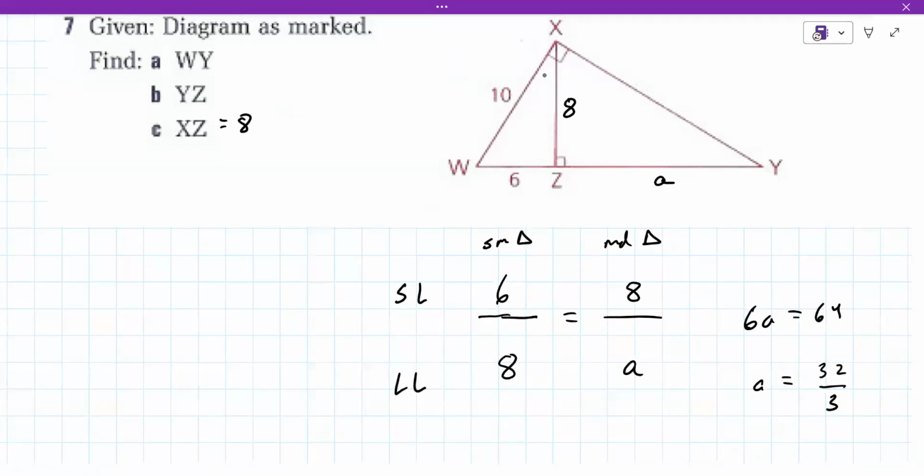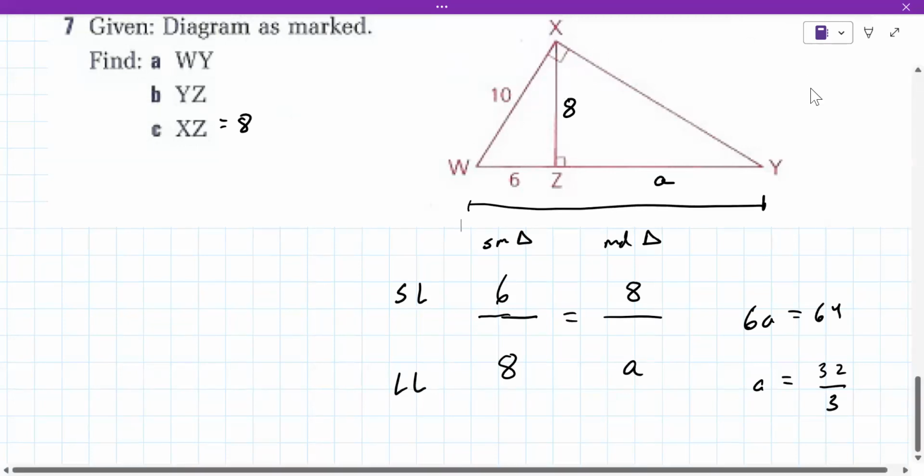That's the setup here. Now to find this other one, I know I'm getting away from what it actually wants. WY you can now find if you want, but to find the other one you can use the Pythagorean theorem, or set up another proportion for XC.